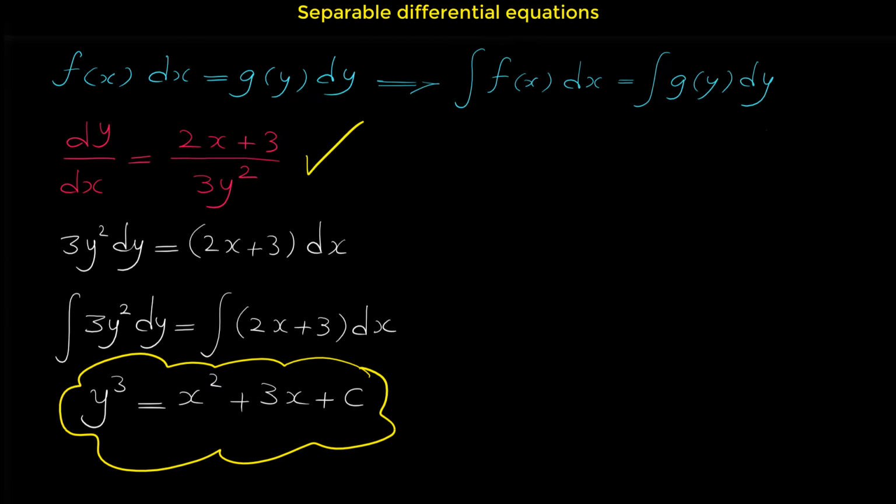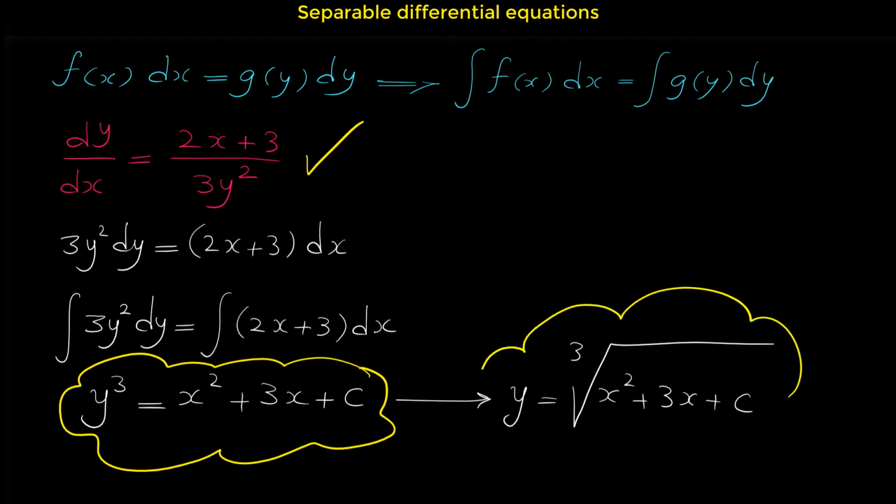If we want, you can leave your answer in this implicit form, or if you would like to find y explicitly, you can find y from this equation. If we take the cube root of both sides of this relation, we can write y as the cube root of x squared plus 3x plus c.